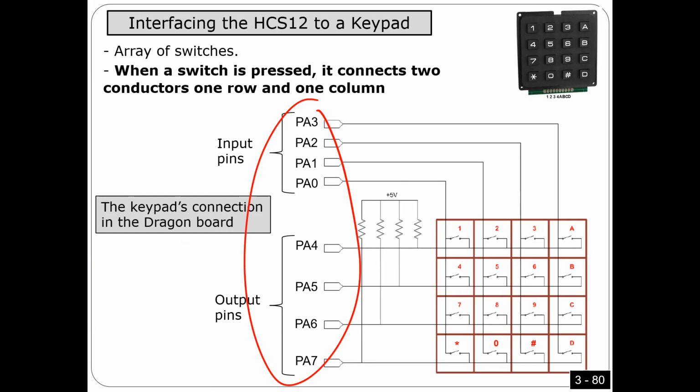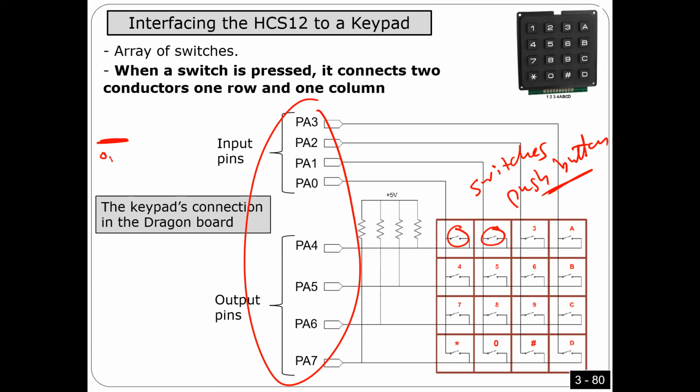One more thing I want to tell you guys: these are not switches. They are push buttons. What is the difference between a push button and a switch? A push button is like your home bell ring button.